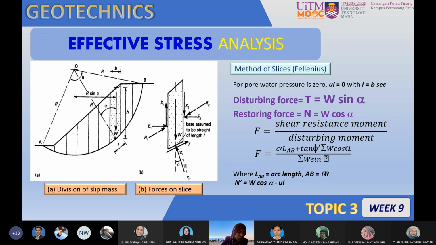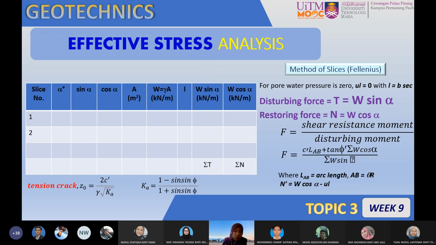Okay, the next one. Here there's no tension crack effect. Somehow we have to consider the analysis if we have a tension crack effect. Mostly it occurs in cohesive material soil.